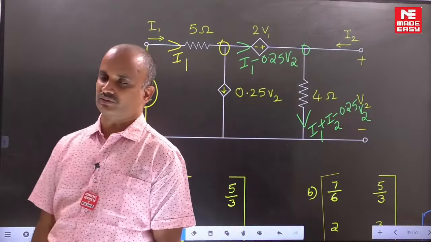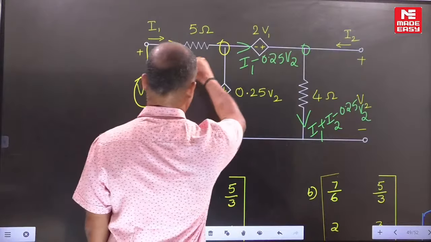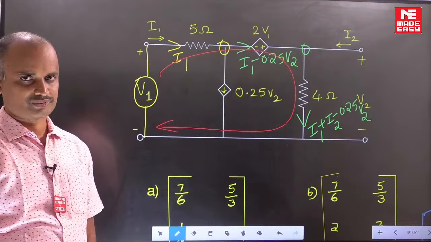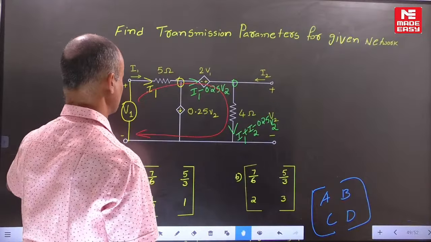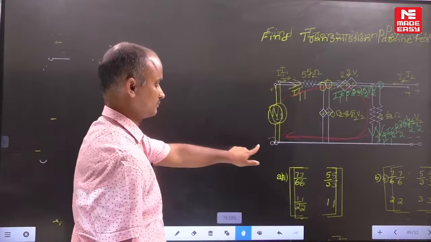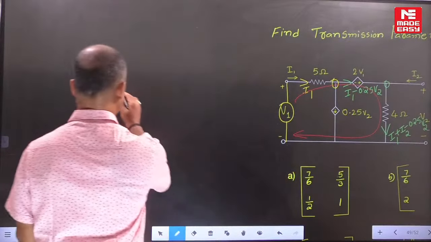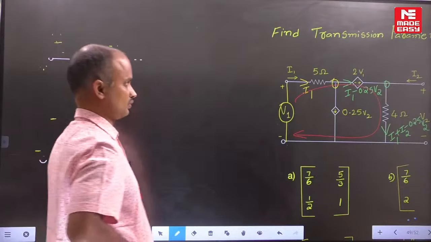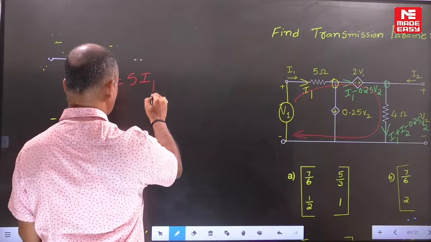Now let's write the KVL equations. If I write the KVL equation for this loop, going from lower potential to higher potential is a voltage rise, V1. In the 5 ohm resistor the current circulating is I1, so 5 I1.